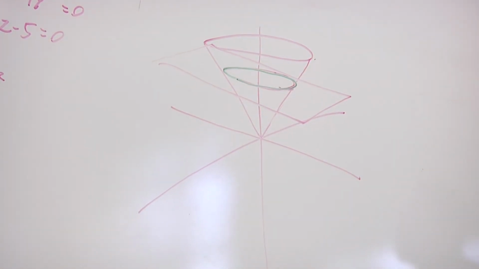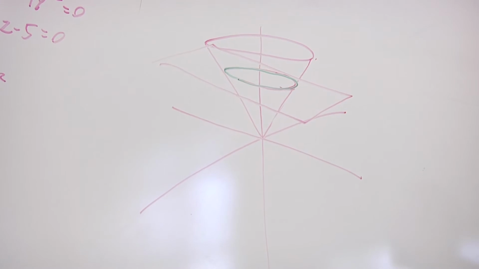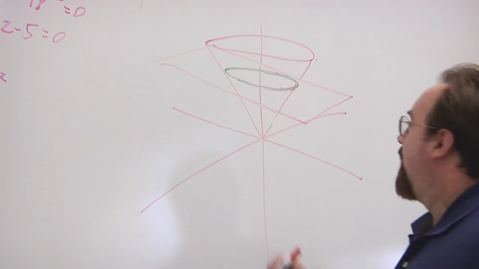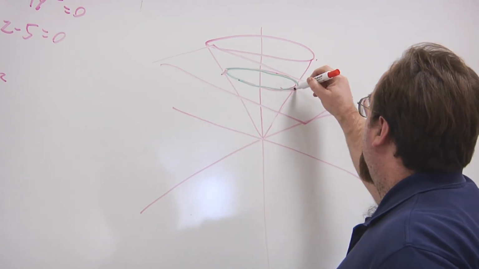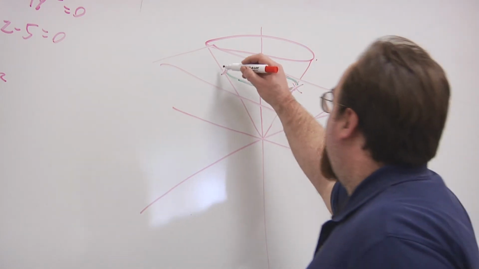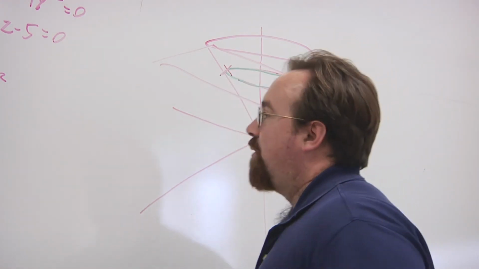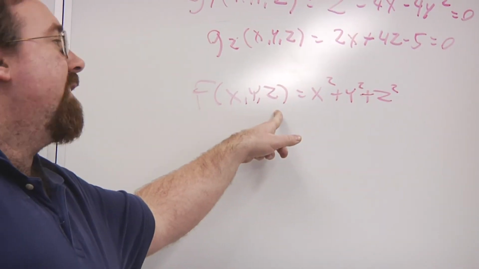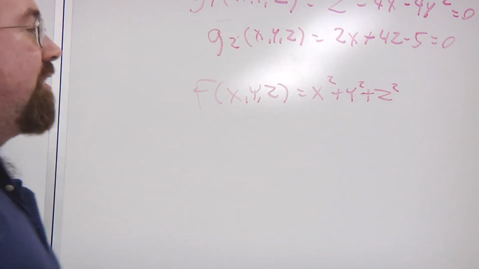So on this ellipsoid thingy, there'll be 2 points that'll be closest or furthest away from the origin. So you need to find those 2 points. And once you find them, really what you're finding is constrained critical points. You'll just plug them into F and see which is smaller and which is larger.